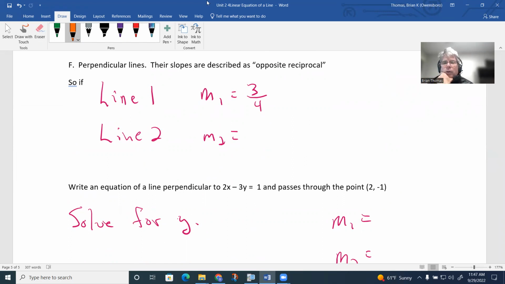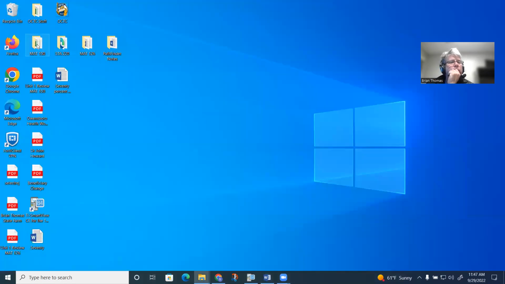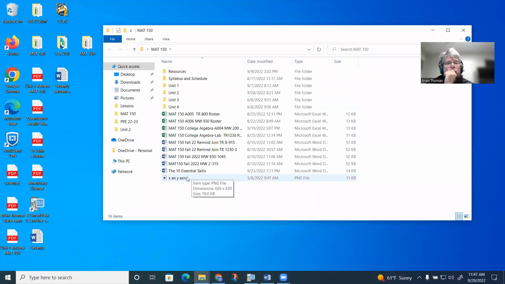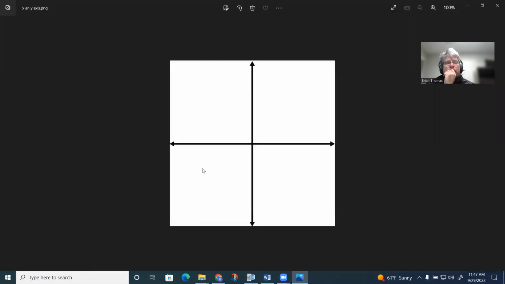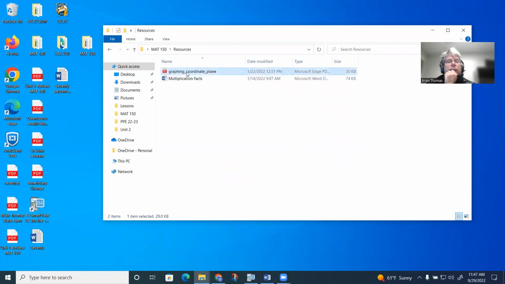So let me create a little graph over here. Well, we'll probably do better than that. Let's erase there. Let's see if we can find a piece of graph paper somewhere. Let's not do that, let's do a different one. Let's see if I can find some graph paper here.